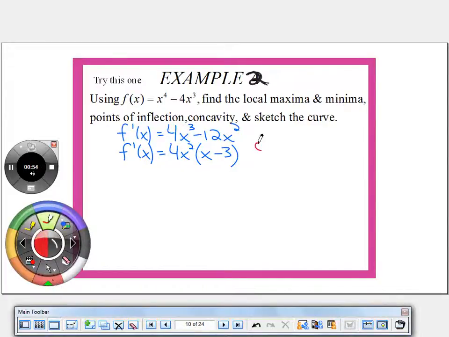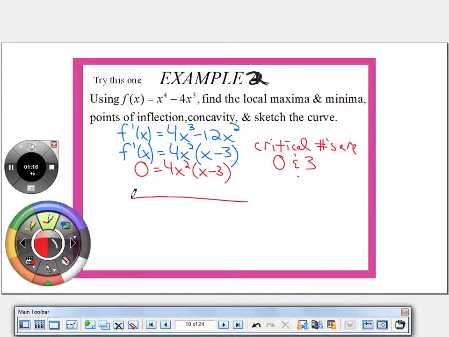So we have critical numbers. Let's say the critical numbers are whatever makes this equal 0. So we're actually setting this equal to 0. And we would say the critical numbers are 0 and 3, right? So what we do is we make a nice sign chart with that.